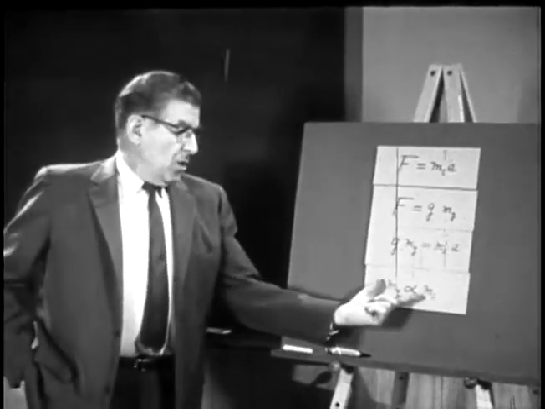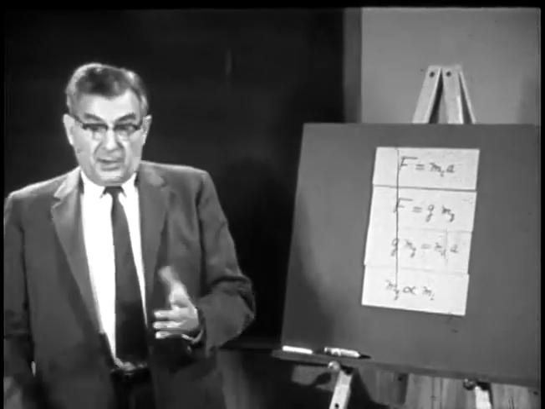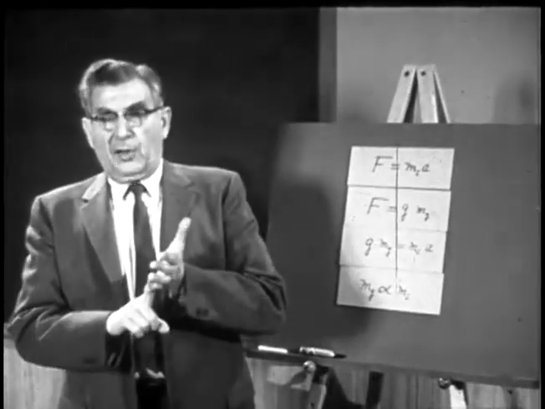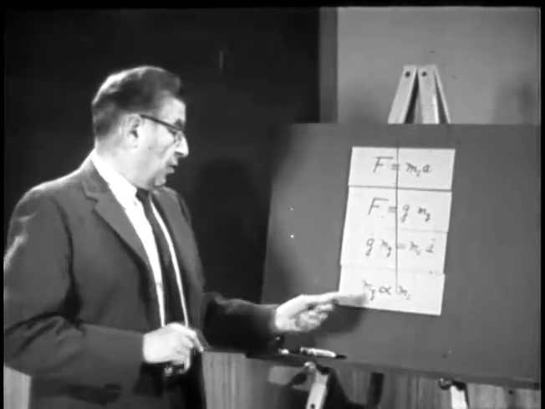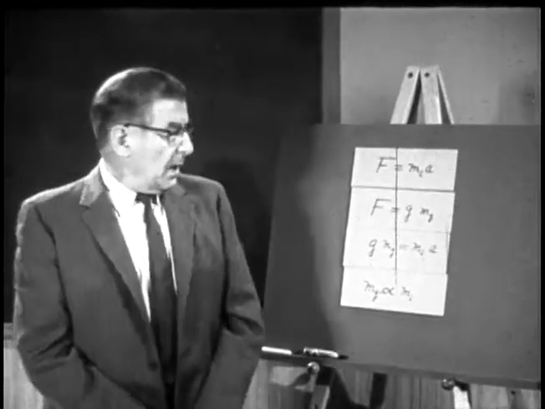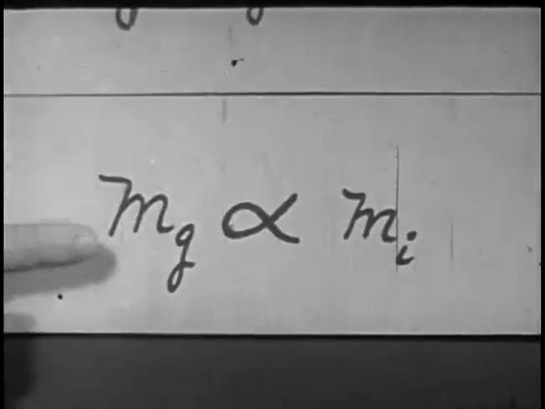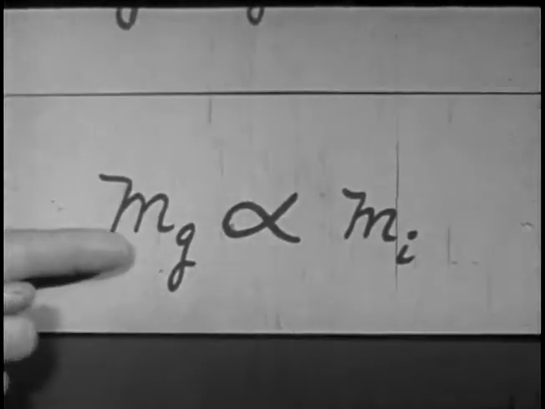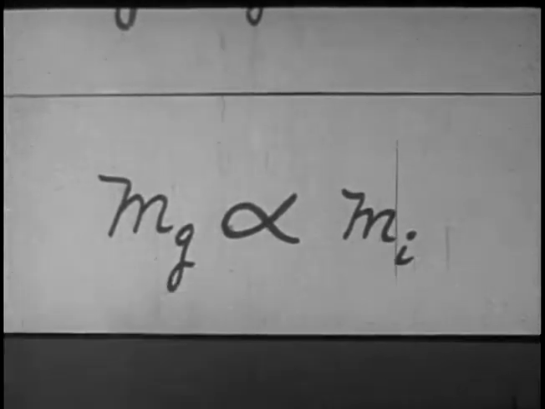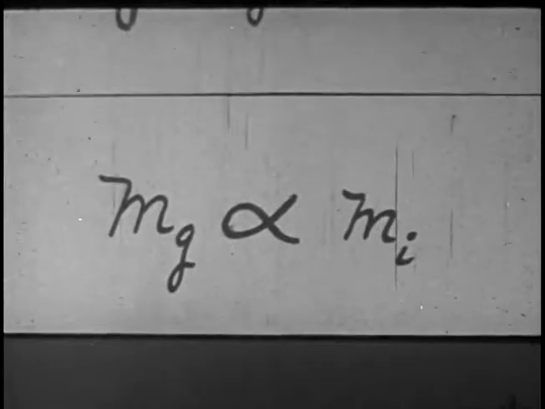Actually, if we use for both these masses, which are now proportional, the same unit, the standard kilogram, then the numerical values become equal, and we say that gravitational mass equals inertial mass. Now, this experimental equivalence between these two different properties of matter, gravitational property on one hand, inertial property on the other, is really the reason we use the same word mass for both these quantities.